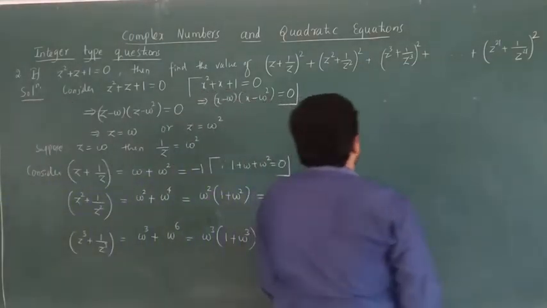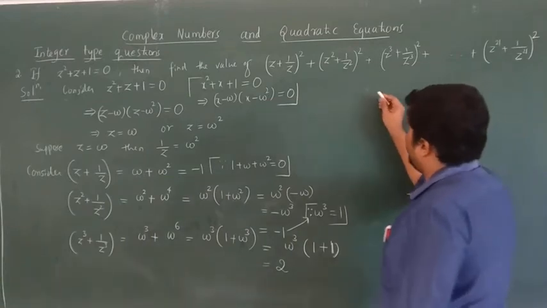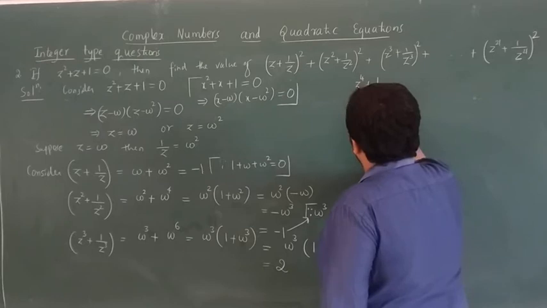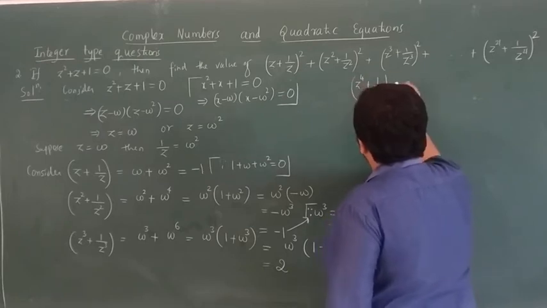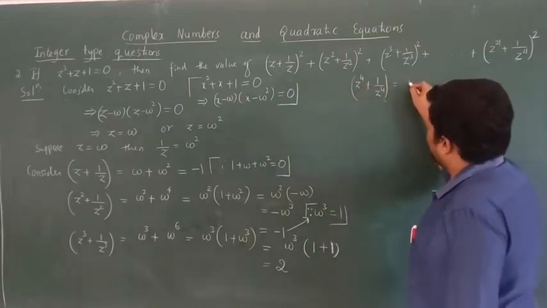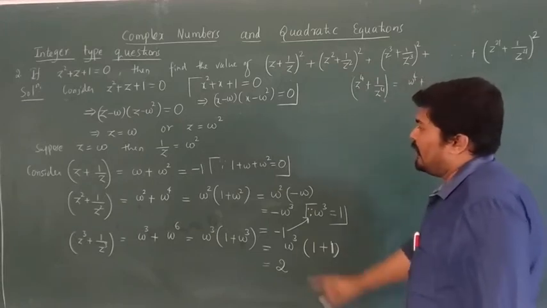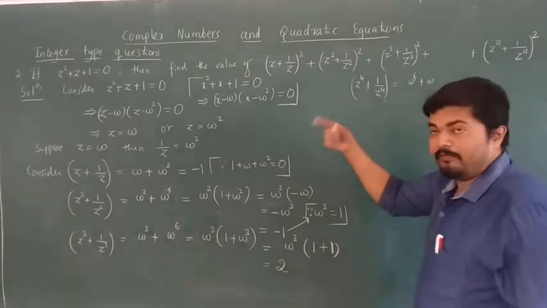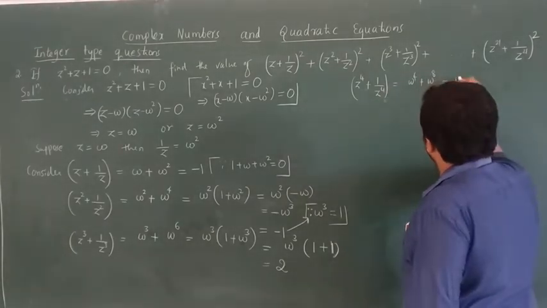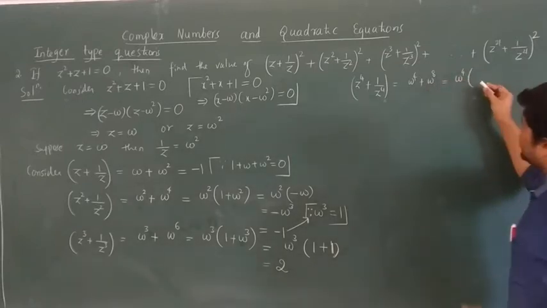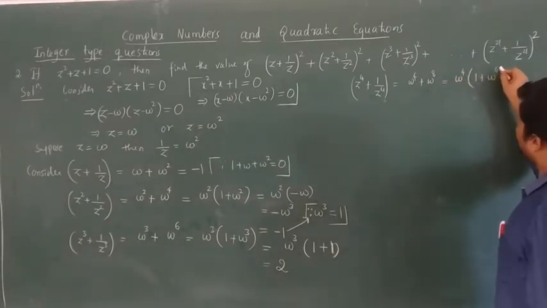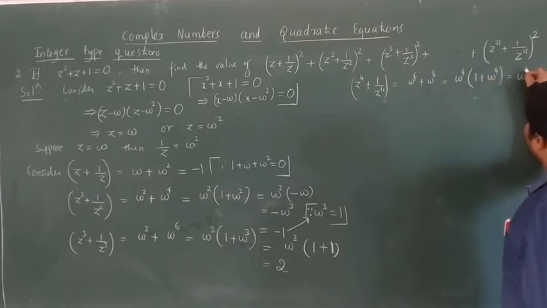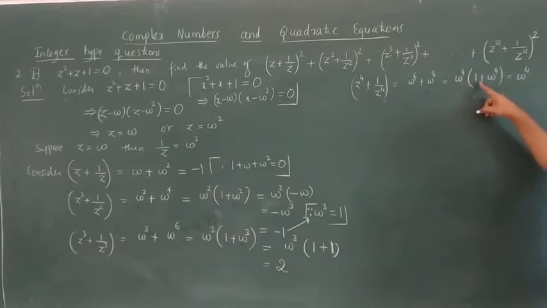Now let me verify the other three sets of expressions, that is z power 4 plus 1 divided by z power 4, that is equal to, here I can take out omega power 4 as the common factor. We are just left with 1 plus omega power 4. As you know, now here we are having omega power 4 into 1 plus omega power 4.